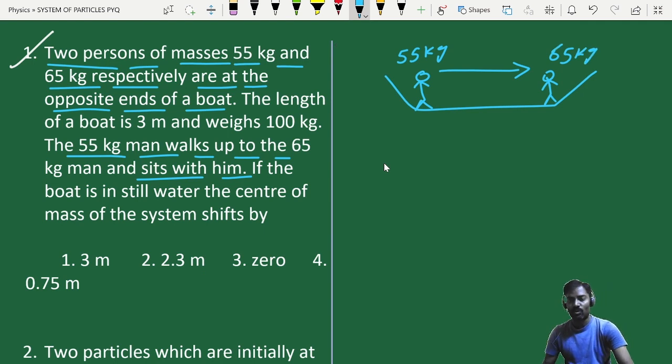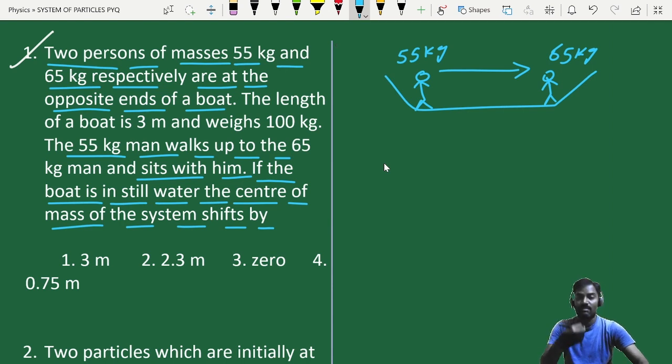Now both are sitting at this end only. And then if the boat is in still water, the center of mass of the system shifts by. Here they are asking us to calculate the shift in center of mass. So change in position of center of mass is due to external forces only. When you look at the given situation, they are saying that the person is moving from one end of the boat to the other end of the boat.